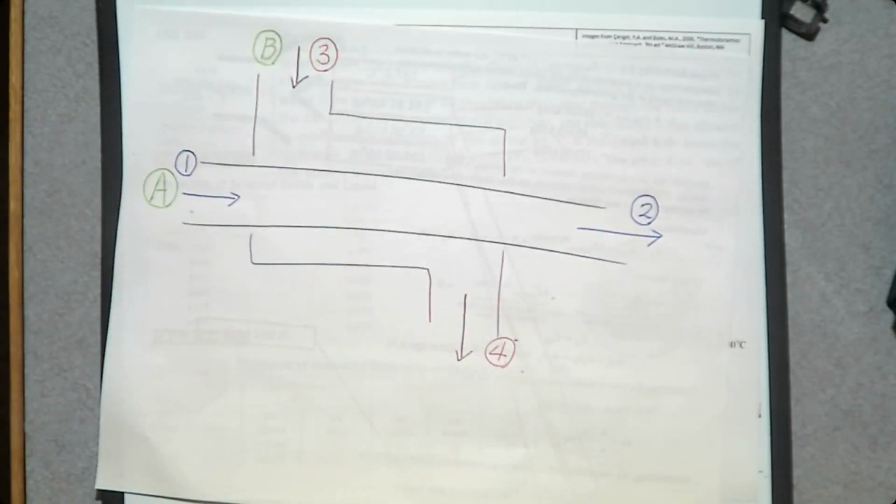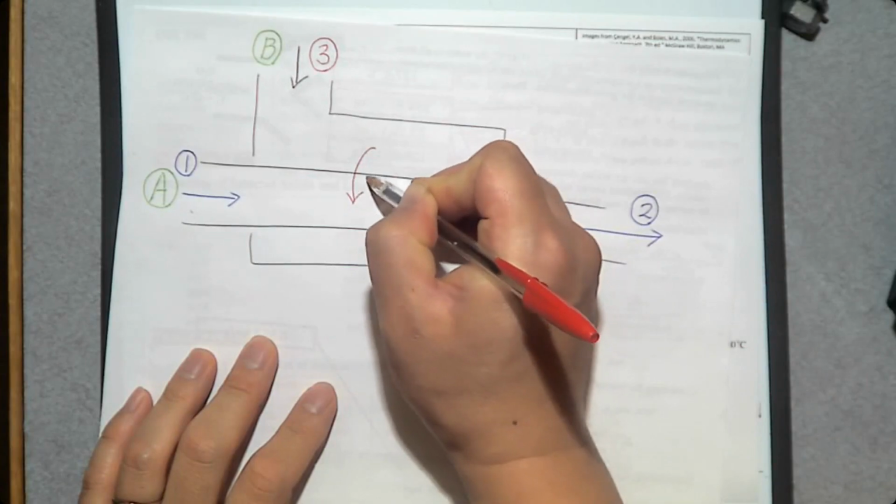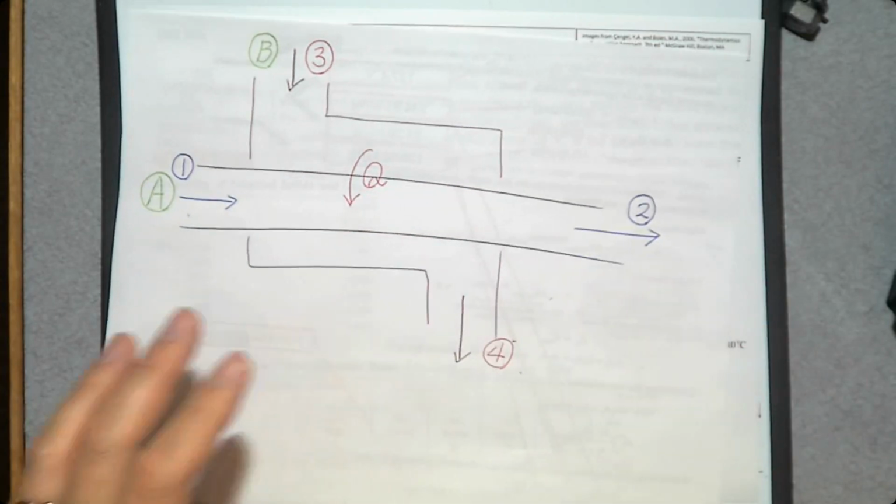So there are two fluids, A and B. Then you can make an energy balance equation for A, another energy balance equation for B, and one energy balance equation for both of them. Okay? And let's assume that fluid B is at higher temperature than fluid A. Then what is the heat transfer direction? From fluid B to A.